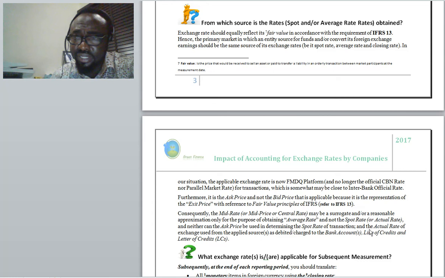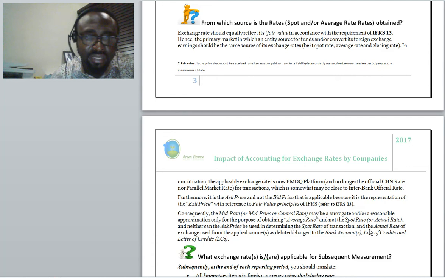Those that are observable by me or by commentators in the recent past include the CBN official rate, the interbank rate, which is maintained on the FMDQ platform, the pilgrim rate, a rate for medical, different from other rates, or probably education rates, the parallel market rates, BDC rates, and all of this are considered to have created a conundrum which we have to live with.